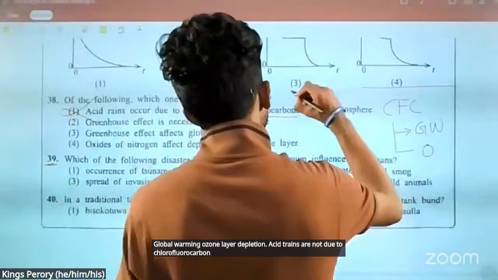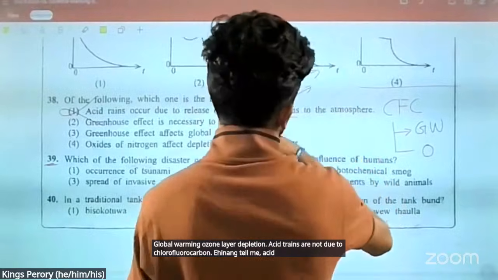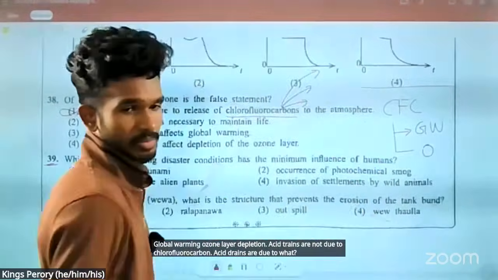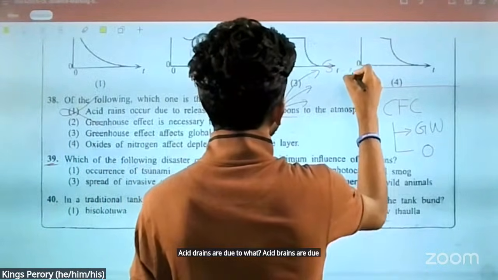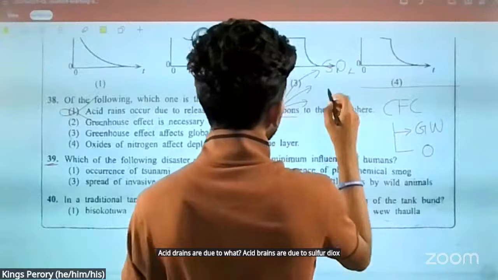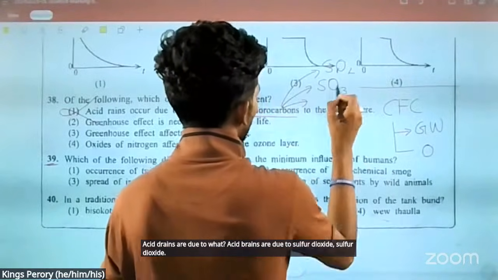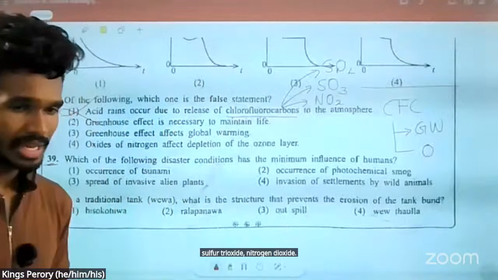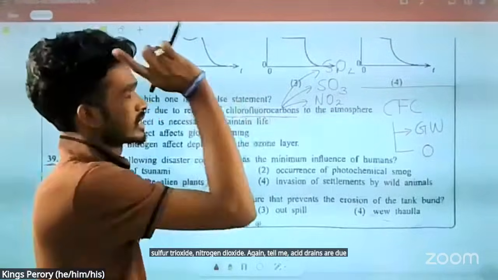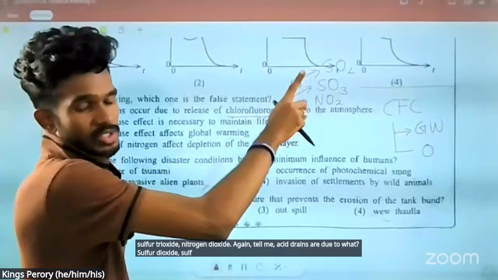Tell me, acid rains are due to what? Acid rains are due to sulfur dioxide, sulfur trioxide, nitrogen dioxide.